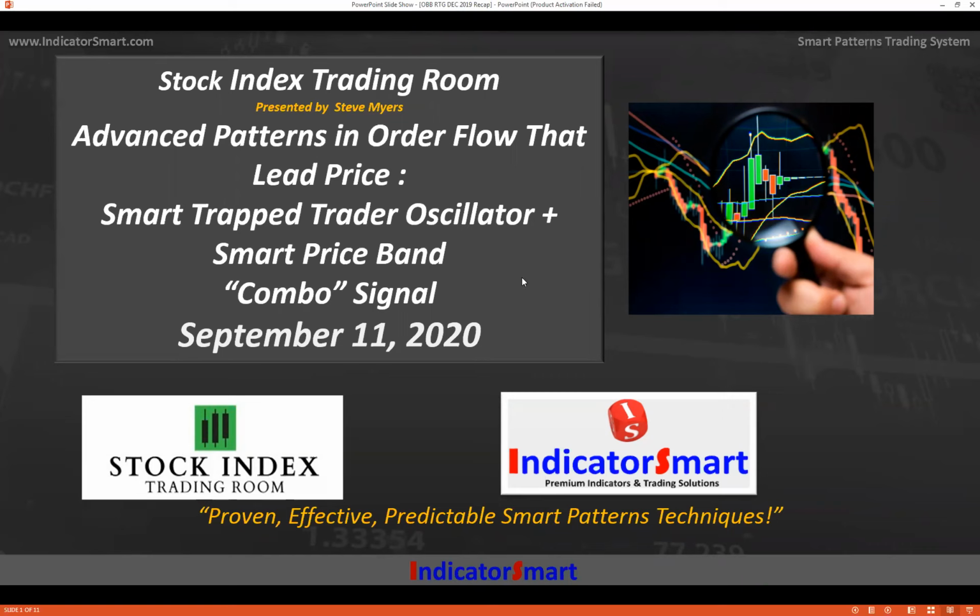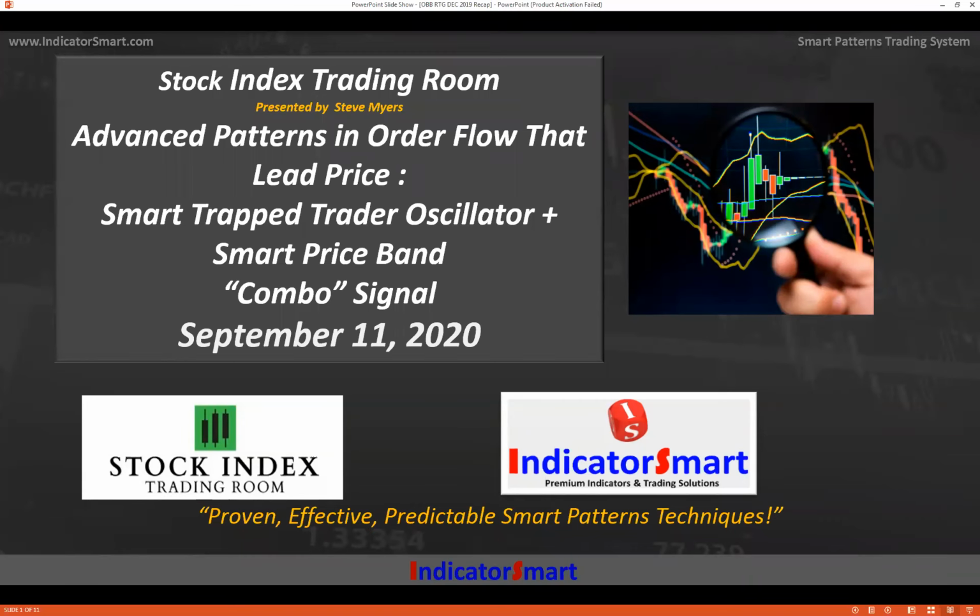And what we're going to do for this signal is combine two of our powerful indicators. Smart Trap Trader Oscillator is the cornerstone of advanced patterns in order flow that lead price. Hopefully you've had time to look at that webinar on our YouTube channel, and if not, I'm sure you would be interested in that.